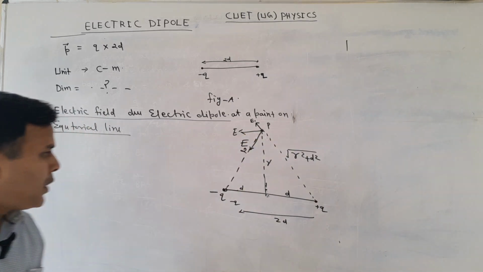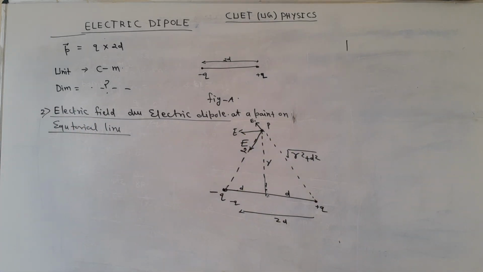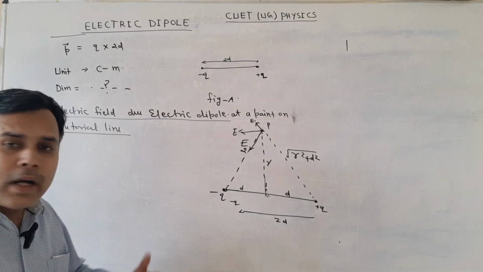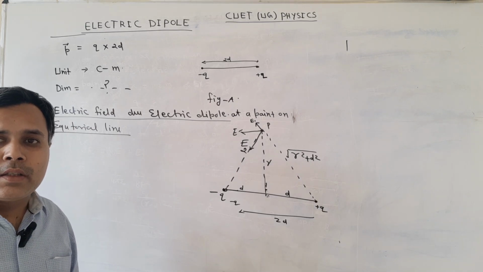with the help of this geometry, we can find out the electric field at this point P. So after doing calculation, for a competitive examination, what is our interest? Our interest is to find out the final expression and look at the variation of electric field with distance.